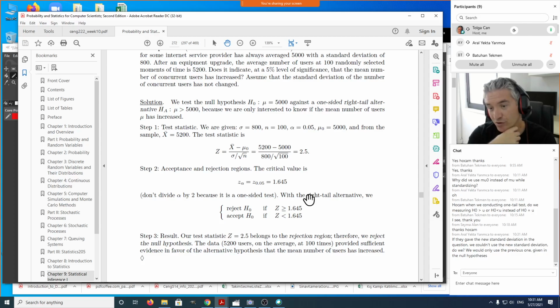If they gave the new standard deviation in the question, that would actually never be directly given. If the standard deviation of the new case were given, it would probably mean that we would also know the mean of the new case, and if it's different, we would not be conducting a statistical test.